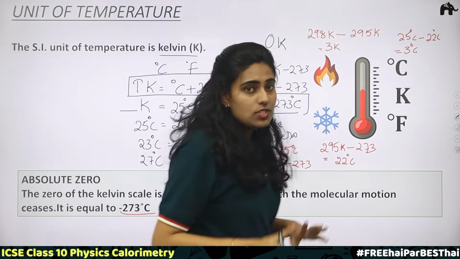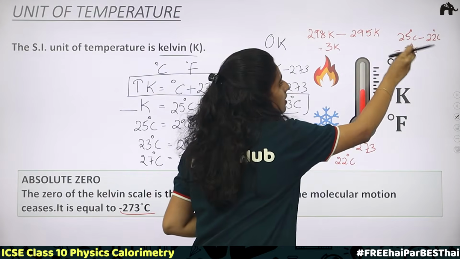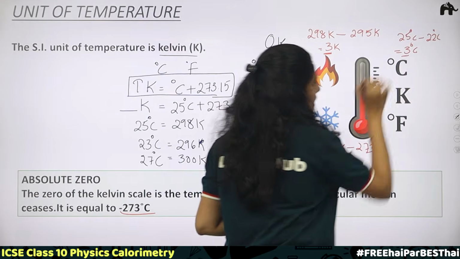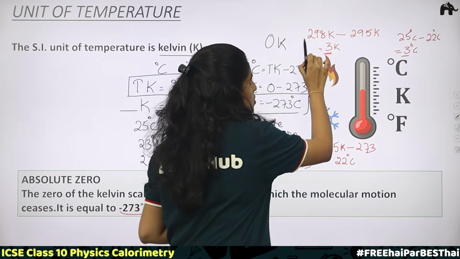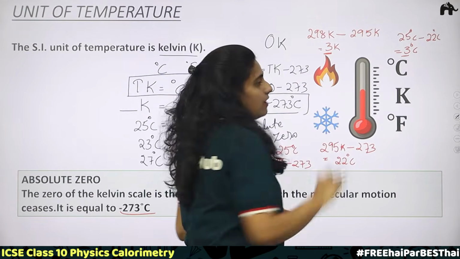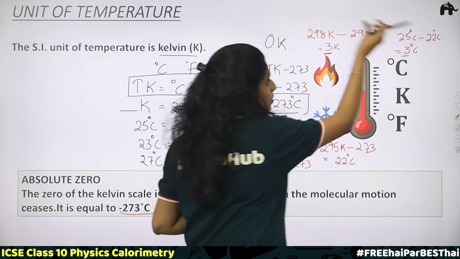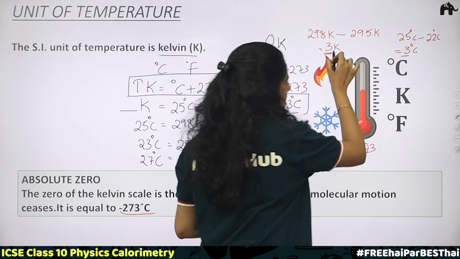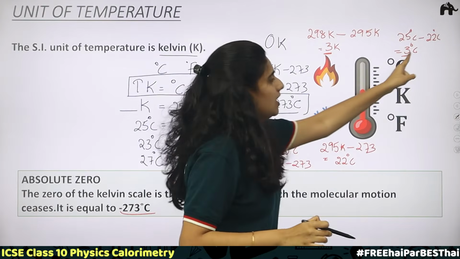So whether you use the Kelvin scale or the degree Celsius scale, the temperature difference value will be the same. Here it is 298 Kelvin minus 295 Kelvin. We have converted into degrees Celsius, and when you take the difference in temperature, it is 3 degrees Celsius. Same value you are getting, 3 Kelvin and 3 degrees Celsius.